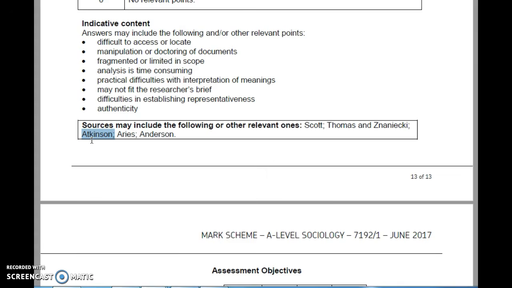Also, getting access to coroner's reports is going to be quite problematic. And Anderson is this one, the parish records, looking at the family topic. Again, they are more public records, so you could say that because they're parish records and because they're public, there might be a lot of them, so again you can link it into the practical problem of time consuming.